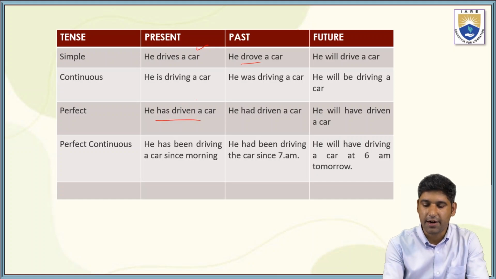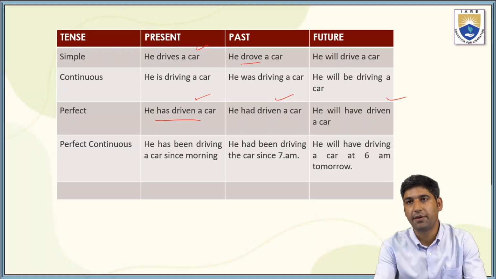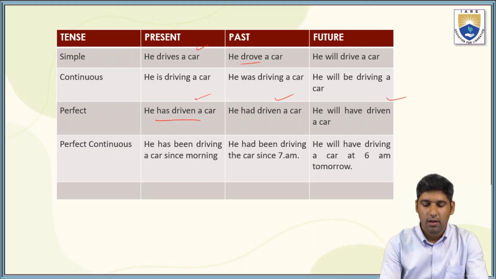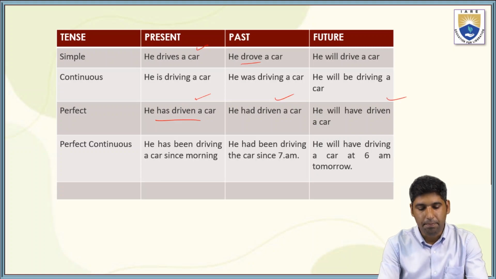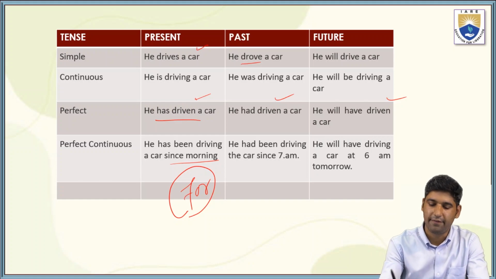Perfect is: he has driven a car. He had driven a car. He will have driven a car. Then we have perfect continuous, that is, present perfect continuous: he has been driving a car since morning. Where to use since, where to use for, I'll let you know. He had been driving the car. He will have been driving the car since morning.